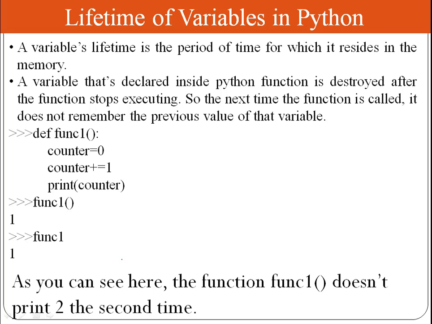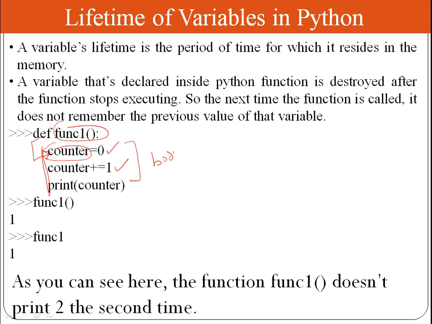A variable that's declared inside the Python function. So here, let's see the example as well in parallel. So this is the name of the function. Here you have declared one variable counter, but this counter variable is part of this function only, right? You have initiated it with 0, you have incremented it by 1, you are printing it, all at the same indentation level. It means this is the body of function 1.